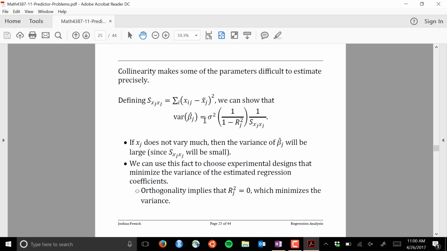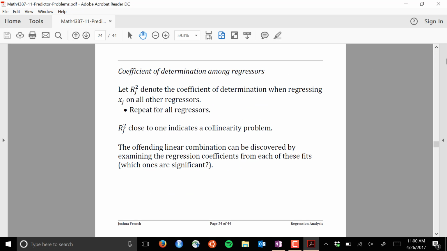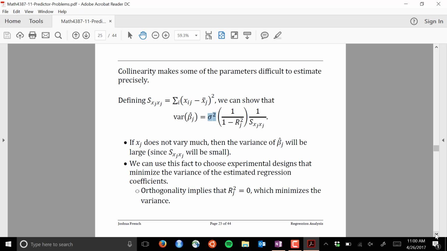You can actually show that the variance of beta j hat, the variance of your jth regression coefficient, is equal to sigma squared, where sigma squared is the variance of the errors, times 1 over 1 minus Rj squared, where Rj squared is the value we just introduced on the previous slide, times 1 over Sxjxj. This is a measure of how spread out the values are for the jth predictor variable.